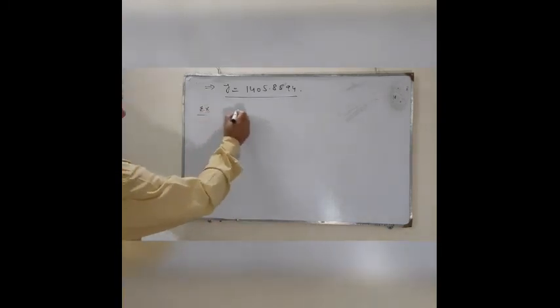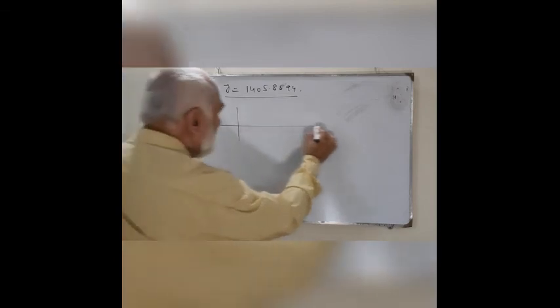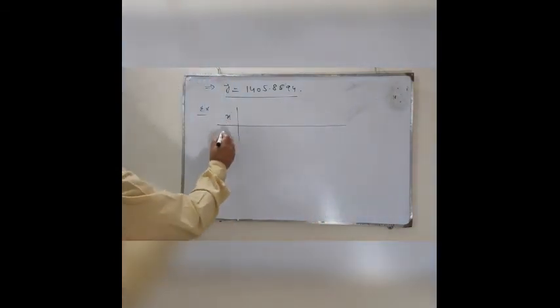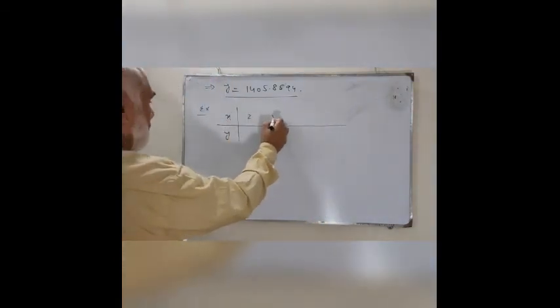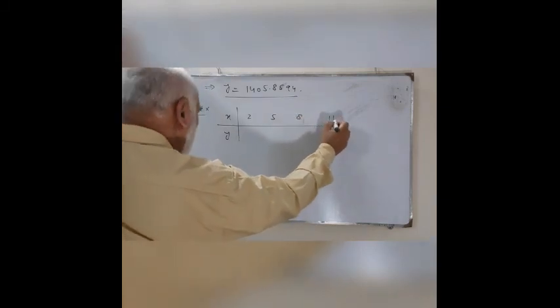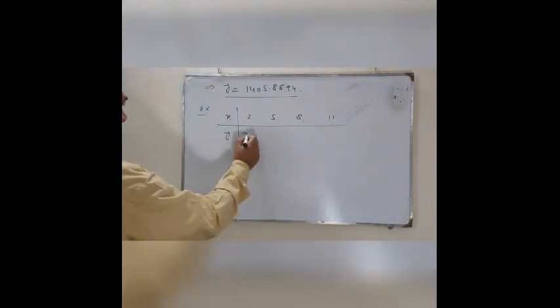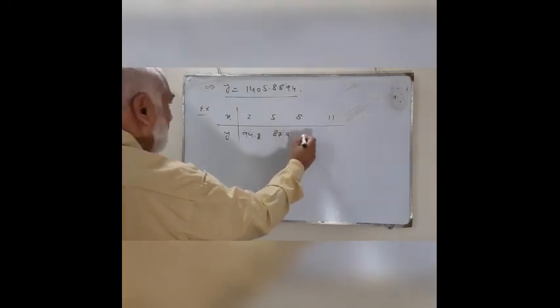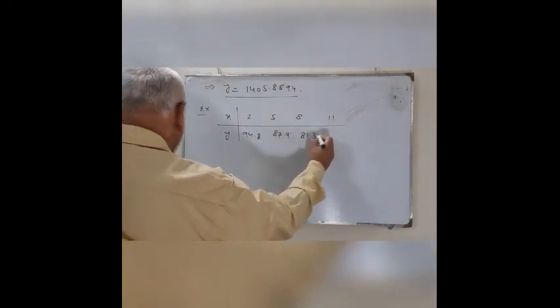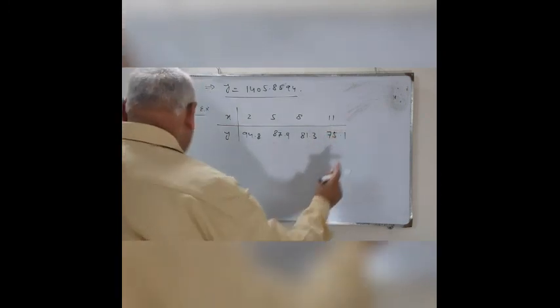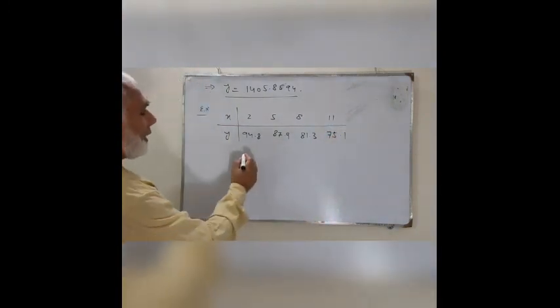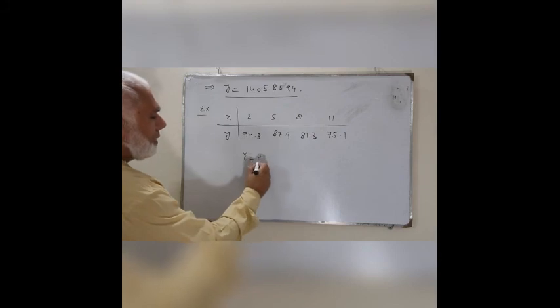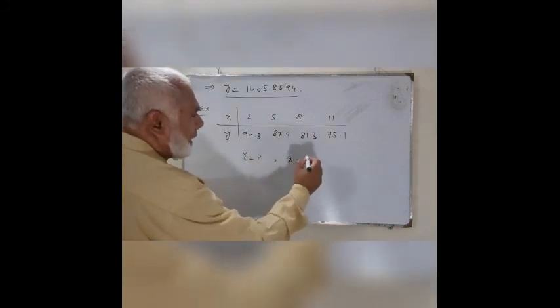This is the example you have to attempt at home. The values of x are given as 2, 5, 8, 11. This is just four data points. The values of y are 94.8, 87.9, 81.3, 75.1. And the requirement is to find the value of y when x equals 9.